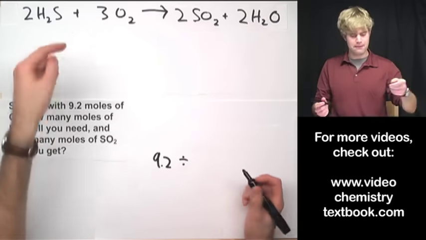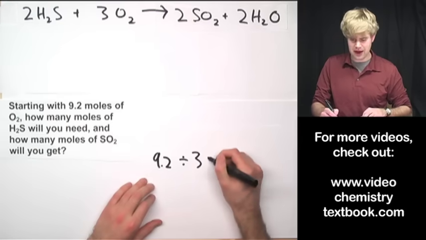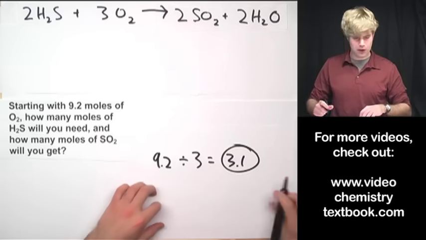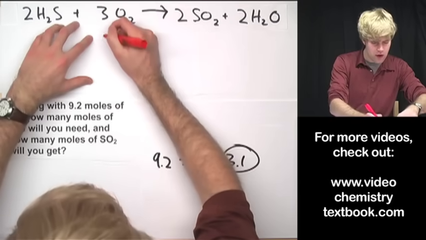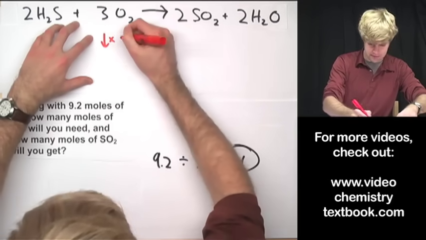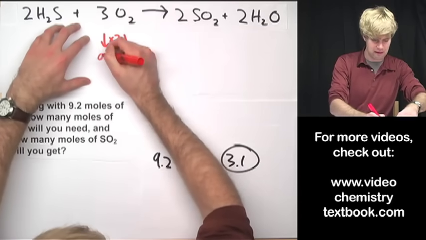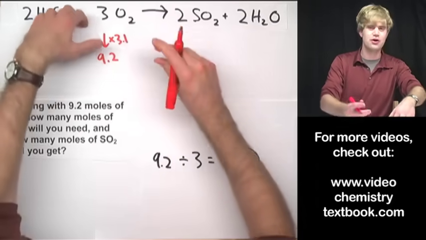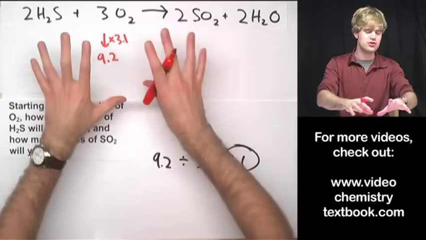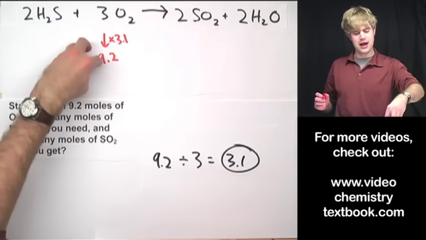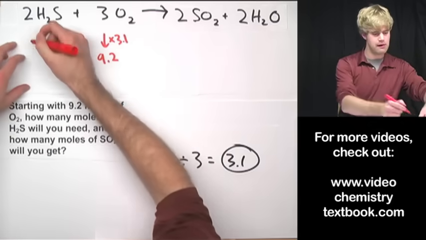I can figure that out by doing 9.2 divided by 3, and I'm going to get 3.1. So 3 times 3.1 is going to give me 9.2. I'm kind of rounding here. If you do the math, it's not exactly right. Anyway, times 3.1 is going to give me 9.2 moles of O2.